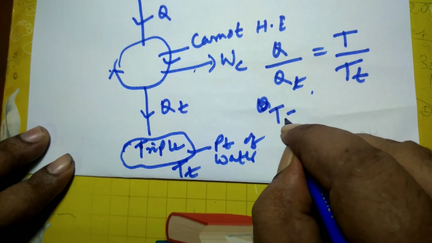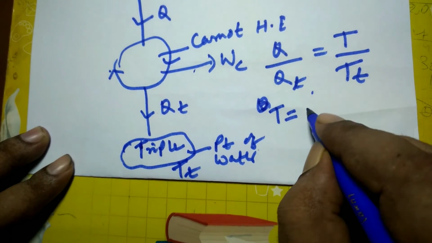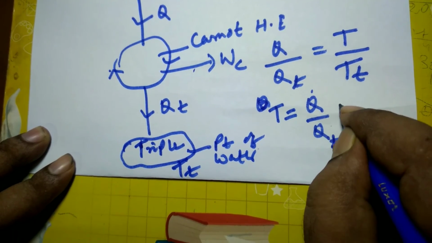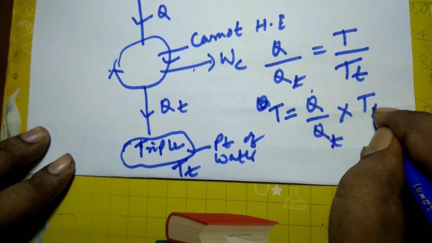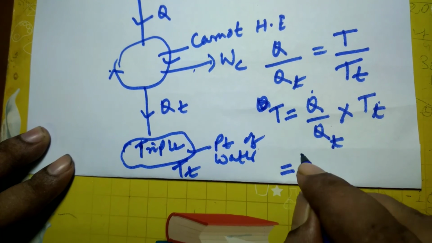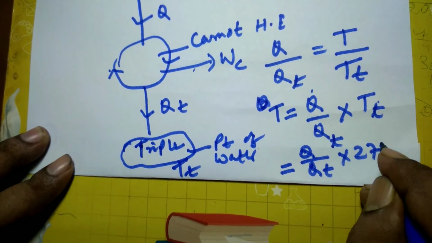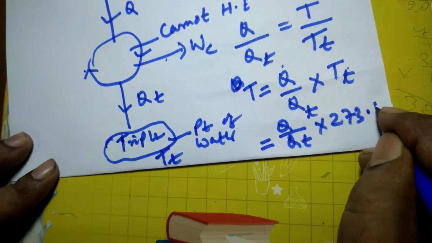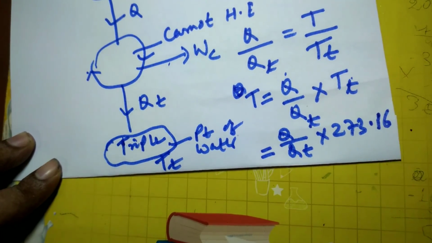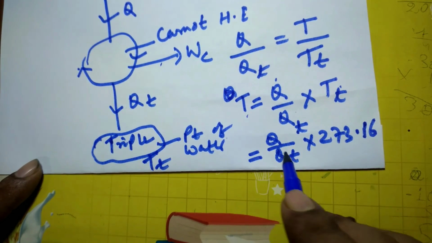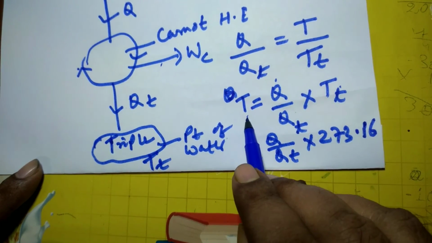From this what I can obtain is Q upon Qt multiplied by Tt. This is triple point of water. So this is Q upon Qt multiplied by 273.16. So this is the formula that can be used to find out the temperature.